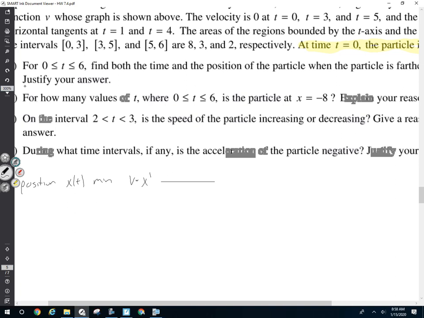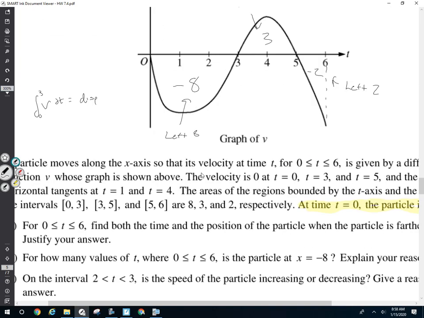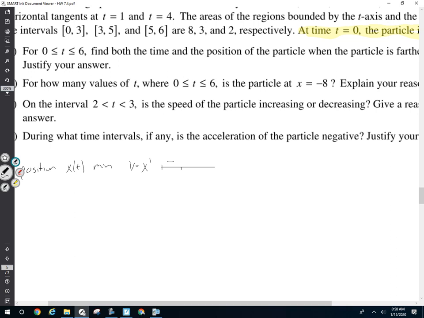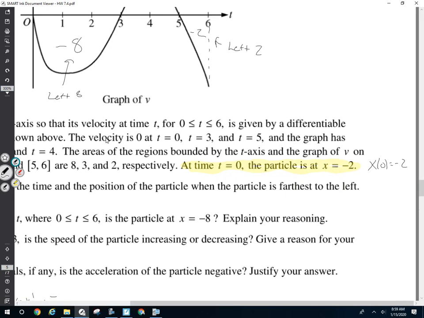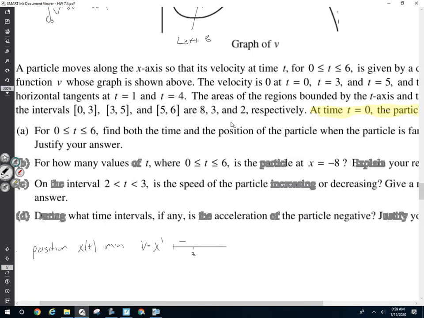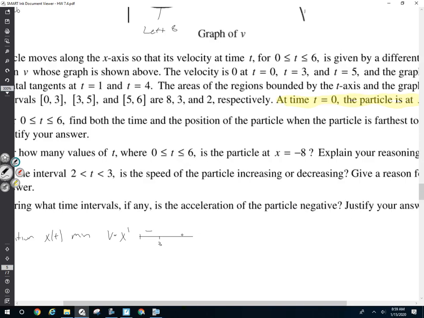Now, the important part is the justification of your answers. So you got to go through this rather than just say, well, I know that I travel to the left 8, then right 3, then left 2, so I know my min is going to be at a position of negative 10. You got to go through this process. So 0, 3, 5, 6.